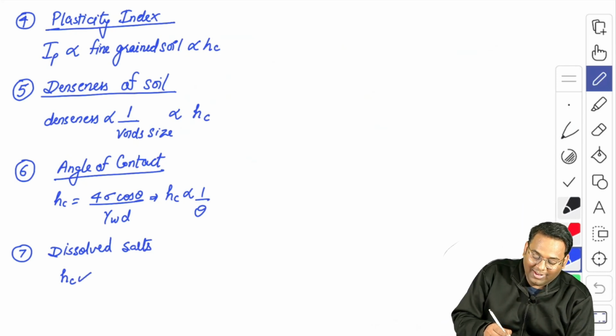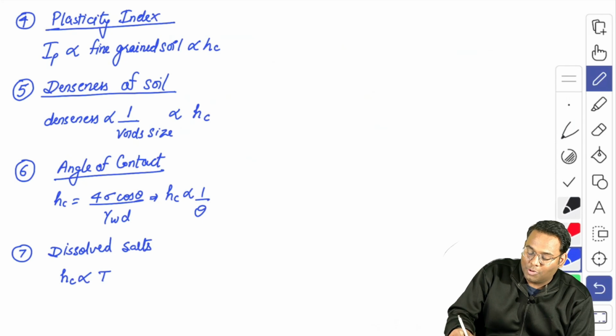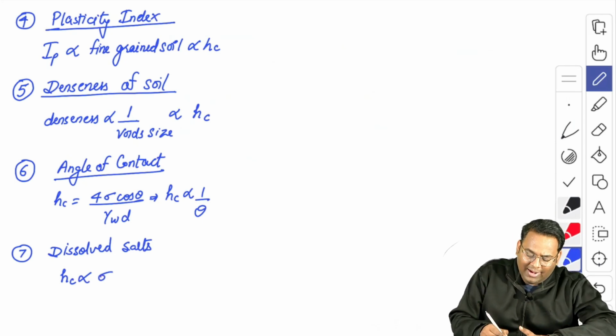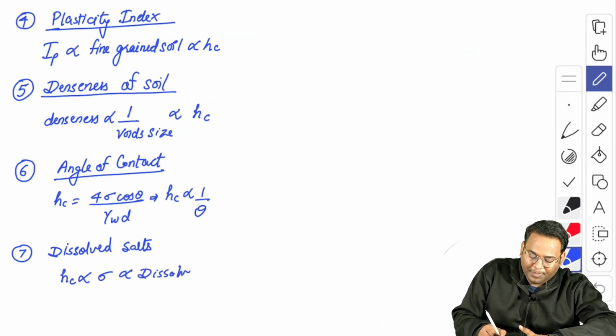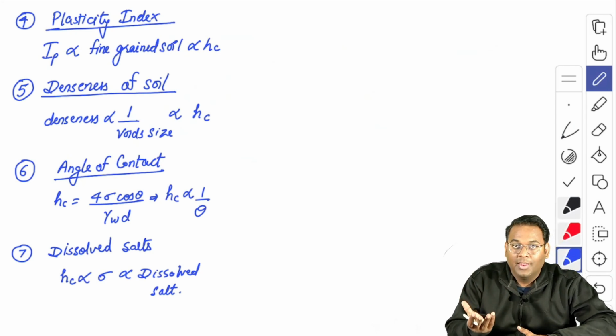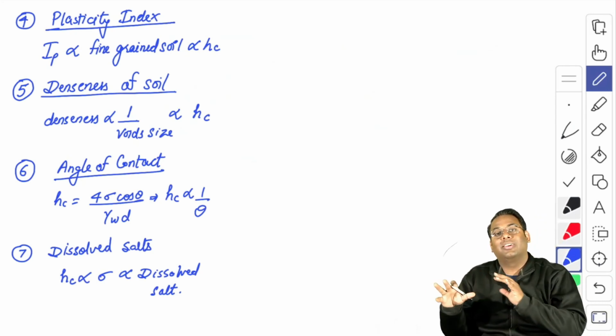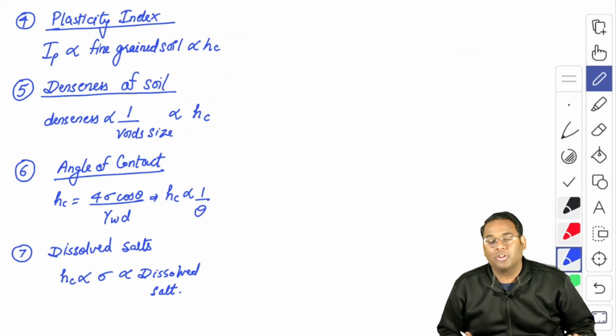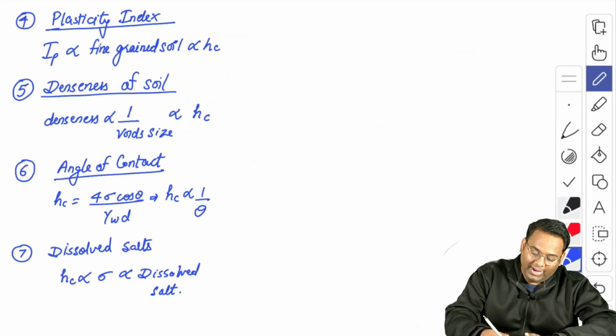So HC is directly proportional to the surface tension, indicated as sigma here, and hence it will be directly proportional to the dissolved salts. So if a particular soil is salty or has water with more salt, then more capillary rise will be observed in such soil.